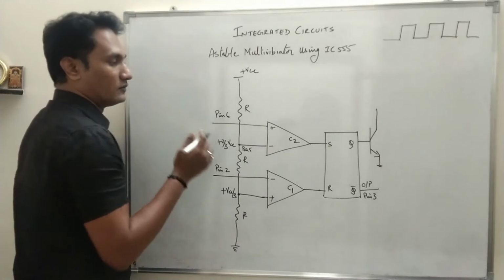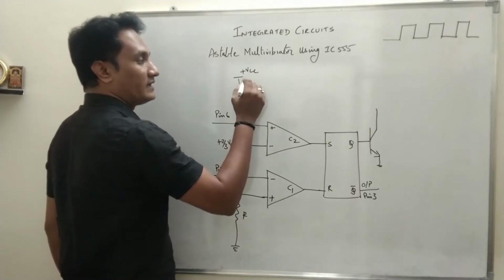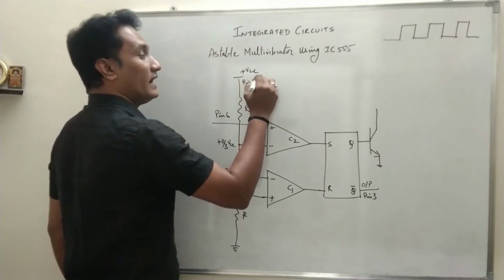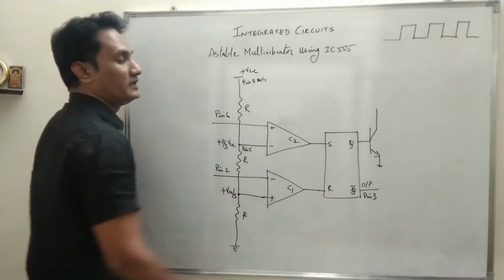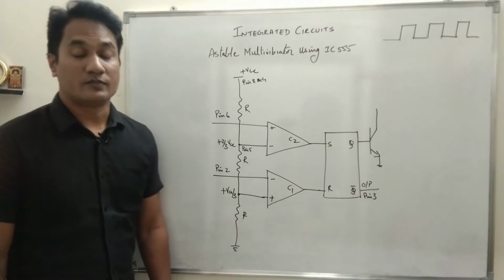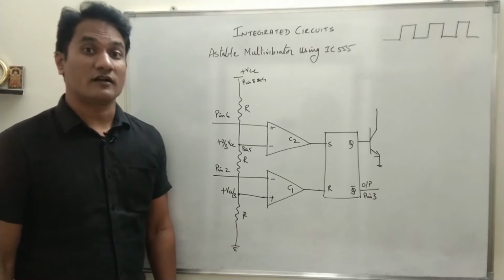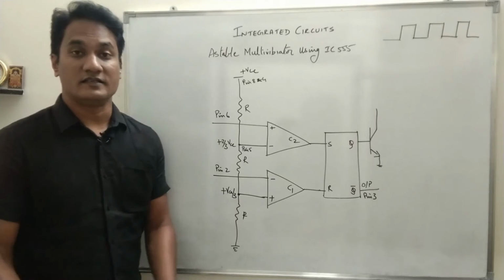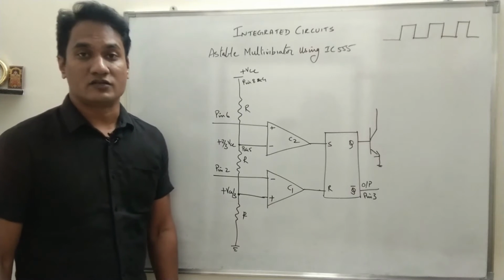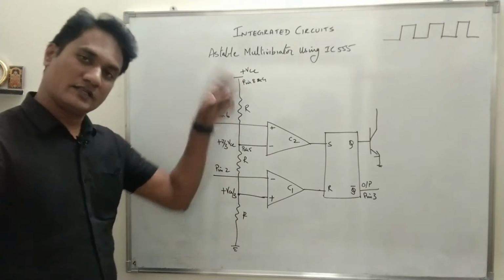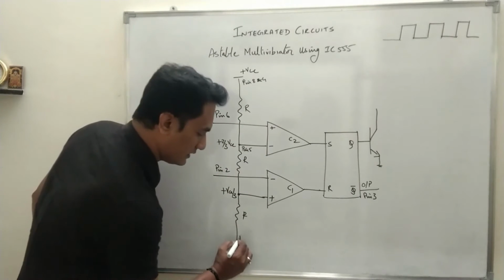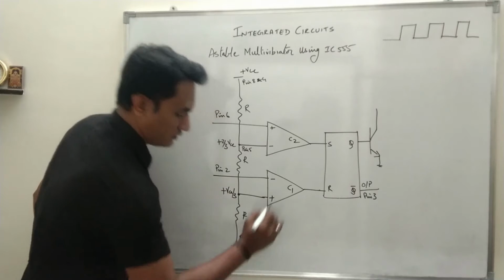Potential is applied at pin number 8, and pin number 4 is the reset pin, which should not reset while the circuit is being operated. So pin number 4 is connected to plus VCC always. Pin number 1 is connected to ground.